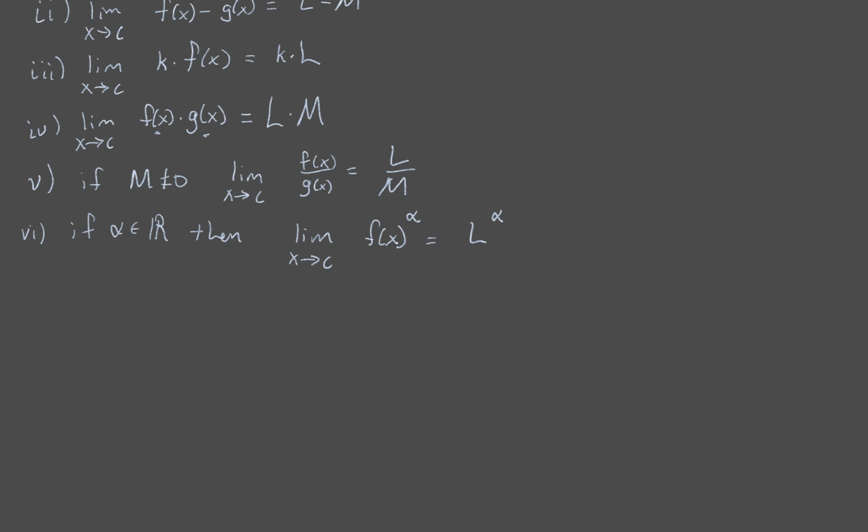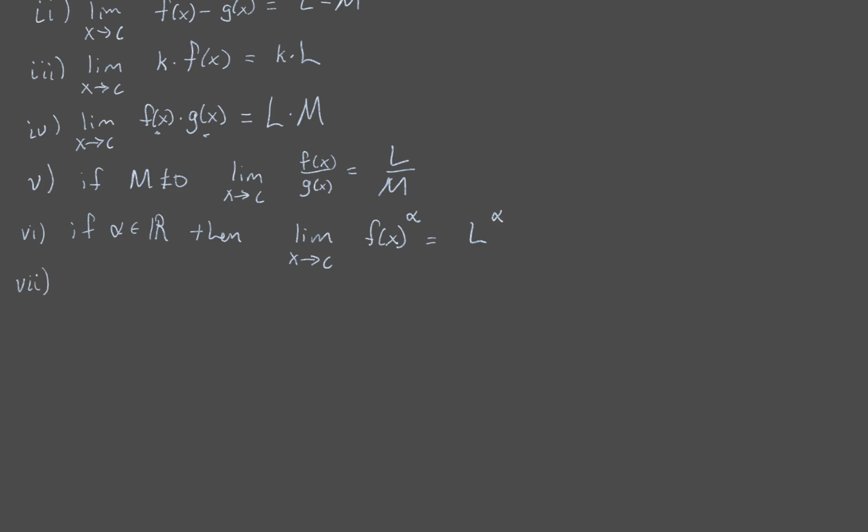So if alpha is a positive integer, like 2 for squaring, 3 for cubing, and so on, then the limit is squared, or cubed, if the function was squared or cubed. If it's a fraction and you want to take a root, the square root of f, then you should take the square root of the limit, that kind of thing.